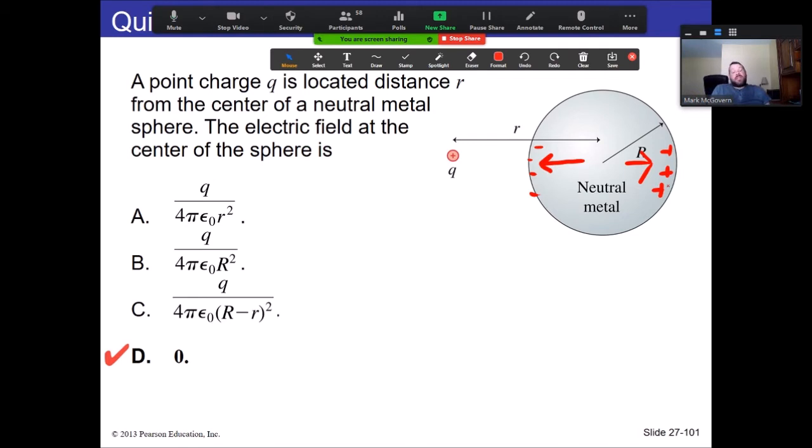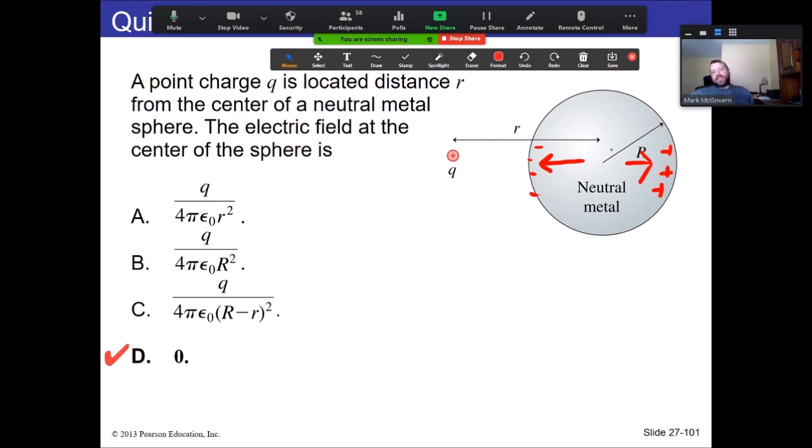That happens basically instantaneously. I mean, when I say instantaneously, I mean like less than a nanosecond. So say we just have our neutral metal sphere here and then we just plop down the charge. Within like a nanosecond, the distribution happens. But as soon as enough charge builds up, the field from this charge out here is canceled with the field that is generated by the polarization.